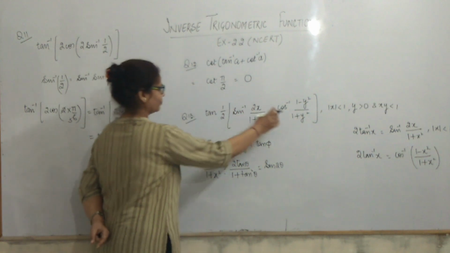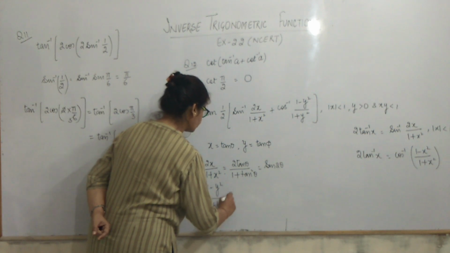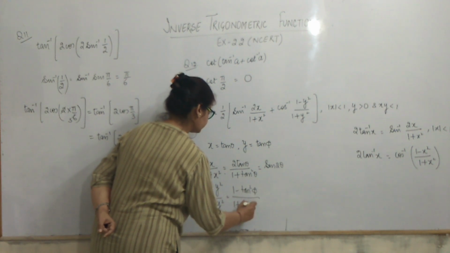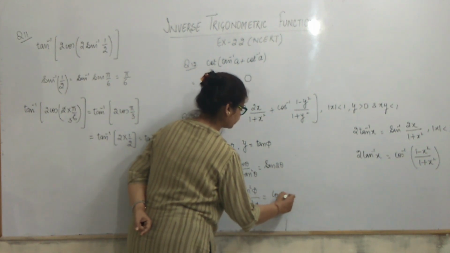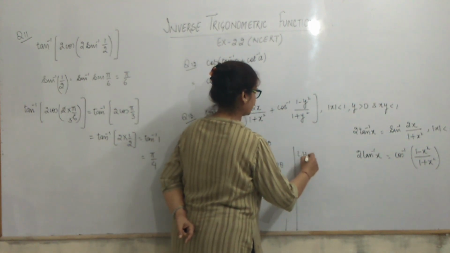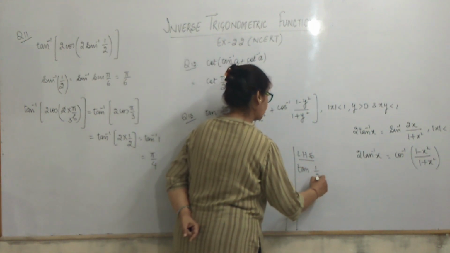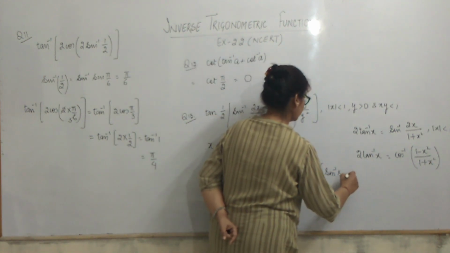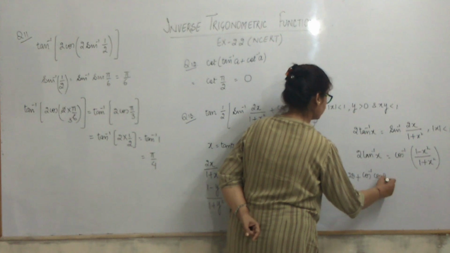In the same way, 1 minus y square upon 1 plus y square, you can apply the direct formula also or you can derive it, but I think you must derive it. With y equal to tan phi, this is equal to cos 2 phi. Hence the left hand side, or you can say this side, is tan half of (sin inverse sin 2 theta plus cos inverse cos 2 phi).